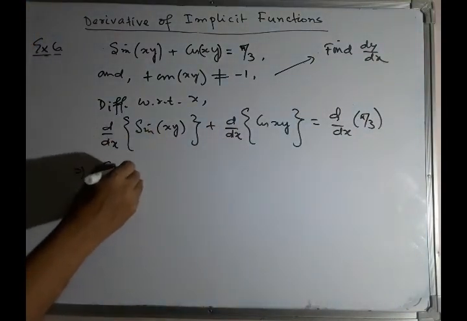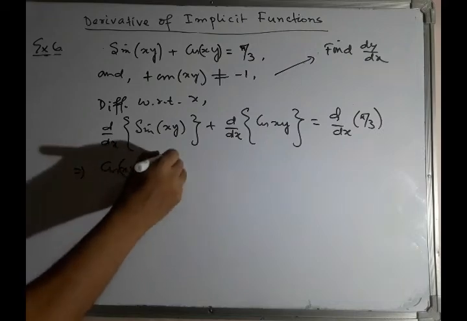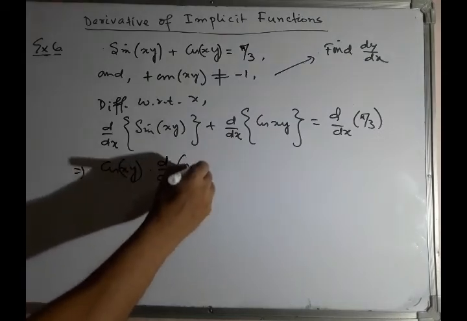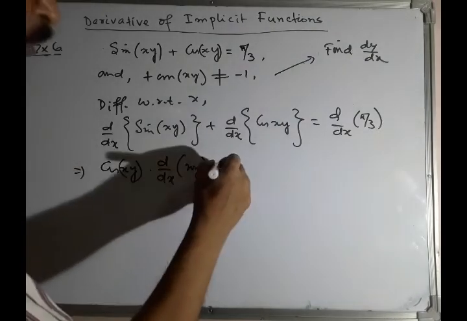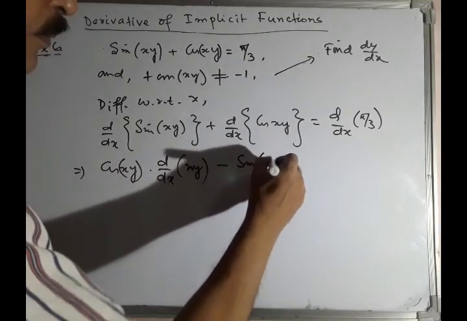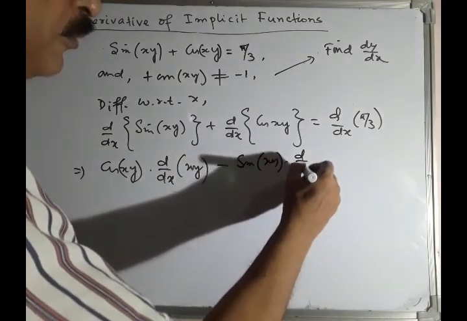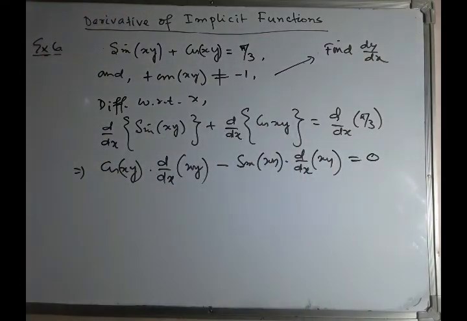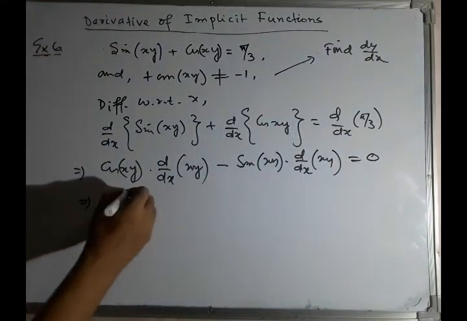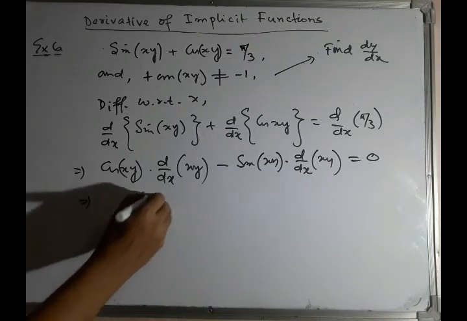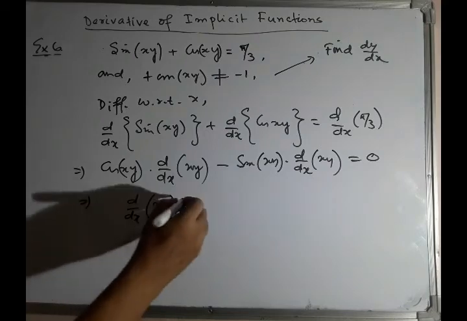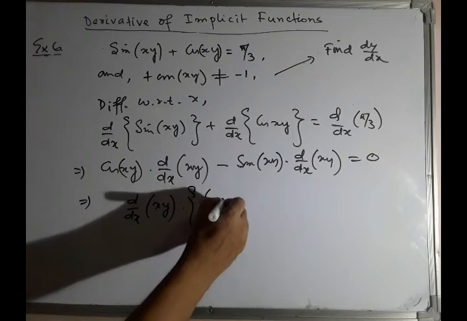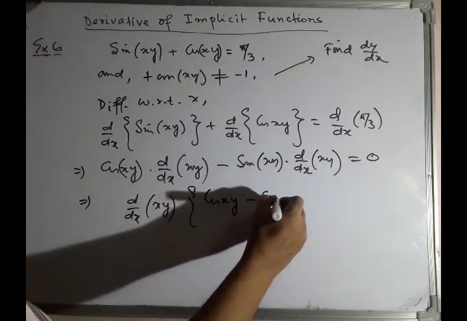This is cos xy into derivative of xy, this is minus sin xy into derivative of xy, equal to 0. So what do we have common? D dx of xy we have common, cos xy minus sin xy.